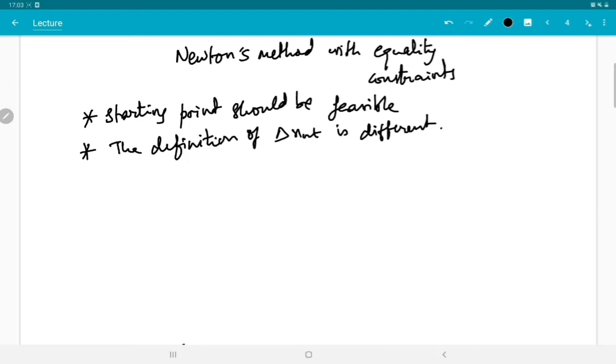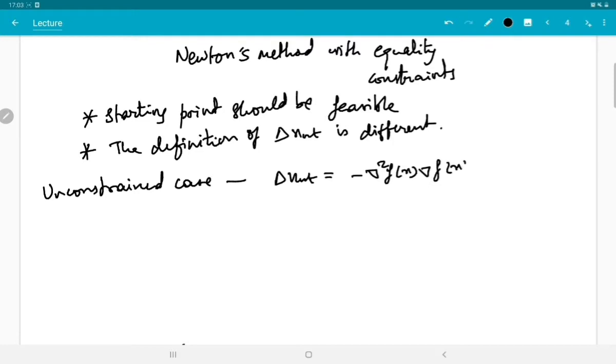In the unconstrained case, we had this definition: delta x nt is minus del squared f(x) inverse del f(x). Actually, this is the inverse times del f(x), right?